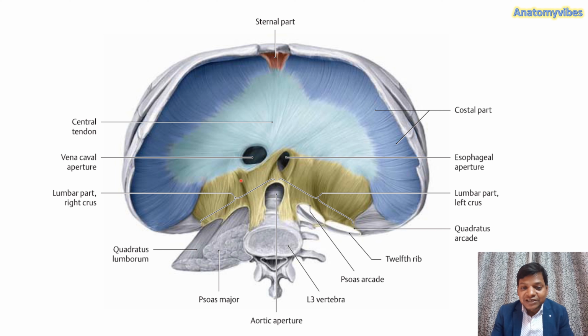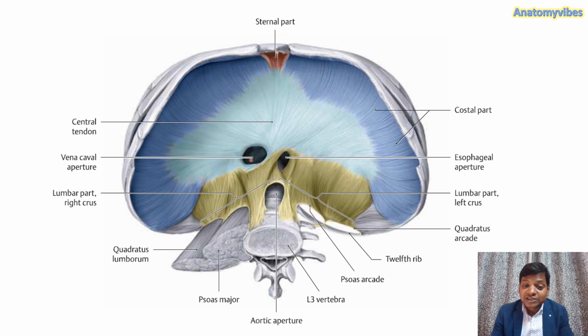In this picture we can also see some major openings in the diaphragm. So this is the vena cava opening, this is the esophageal opening, and this is the aortic opening of the diaphragm. You can see here that the vena cava opening is present in the central tendon of diaphragm. This is very important.